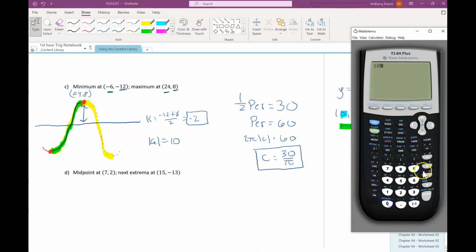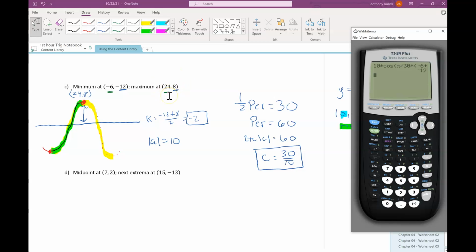So we had 10 times cosine of pi over 30 times parenthesis x, so I'll write -6, minus 24, close my 2 parentheses, and then minus 2. When I do this, though, you need to make sure your calculator's in radian mode, worth pointing out. If you're in degree mode, it will not work out for you. And that does give me -12, like I wanted it to.